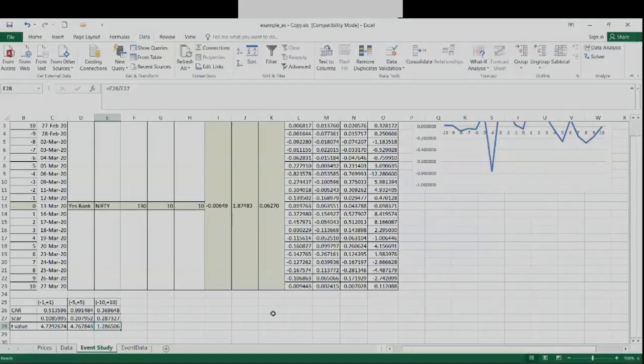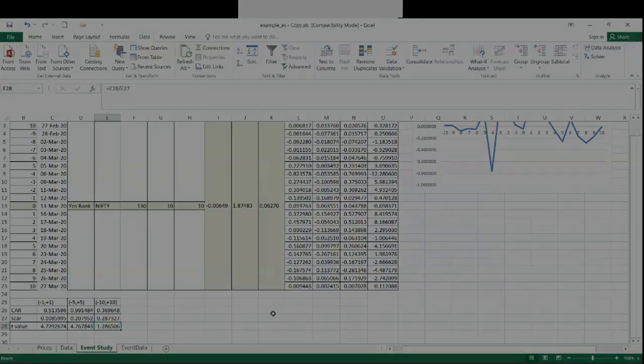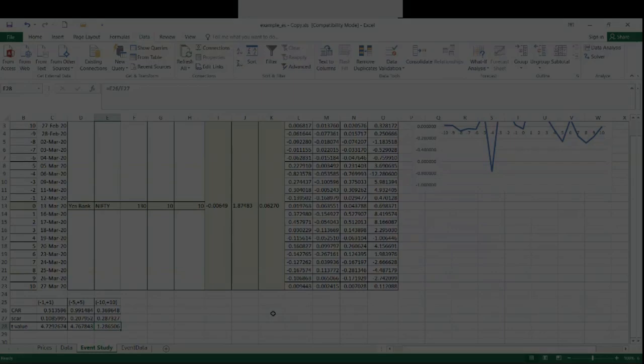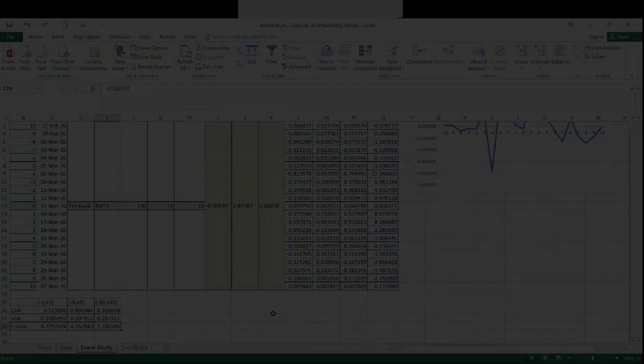Okay, so those are the extensions you will have to use when you are moving from a single firm to a sample event study analysis.